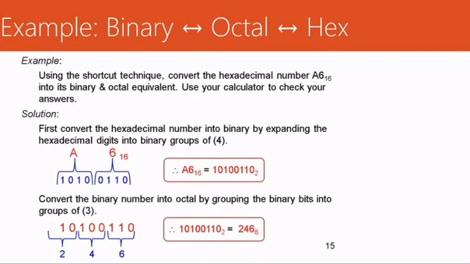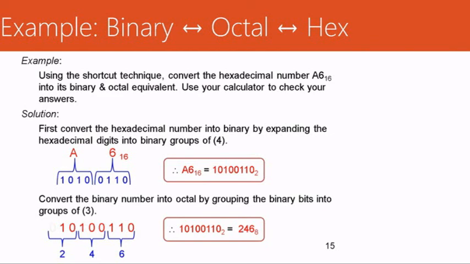So let us have another example of binary to octal to hexadecimal. Using the shortcut, convert the hexadecimal number A6 base 16 to its binary and octal equivalent. Use your calculator to check your answer.